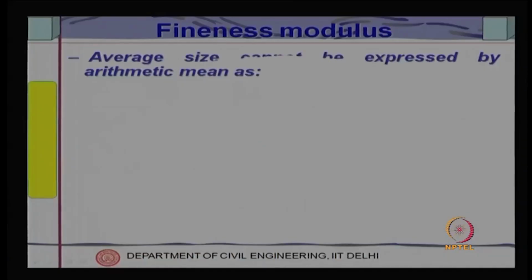So, let us look into fineness modulus. If you recall, last class we were talking about average size, the description of aggregates. How do you describe it? One way is the grading that we have mentioned, in which you talk of the proportion of aggregate in each size group, which we represent by square sieves.